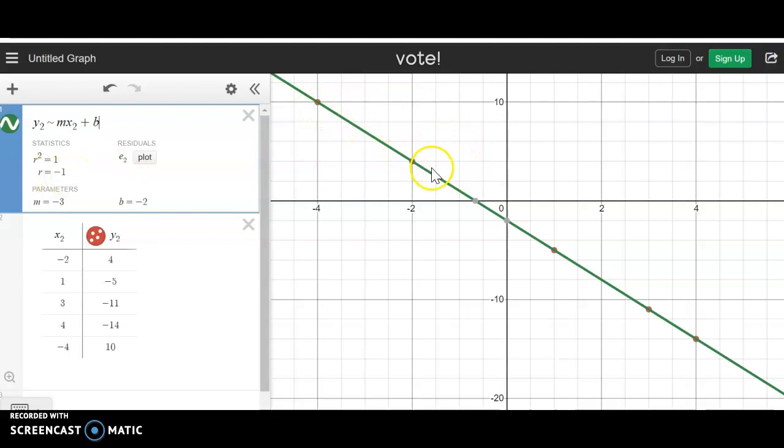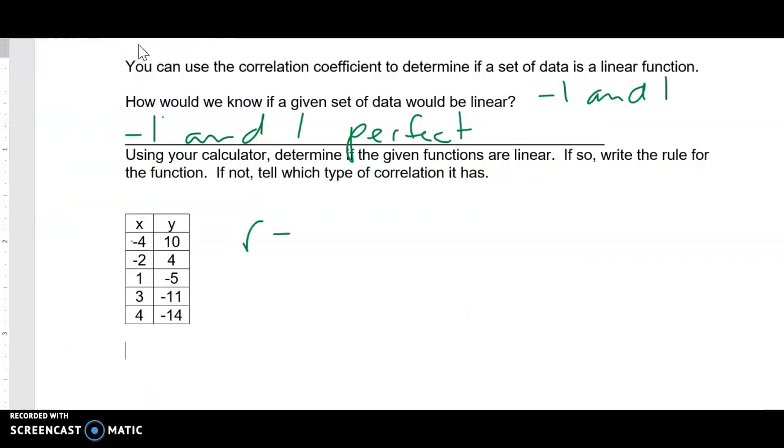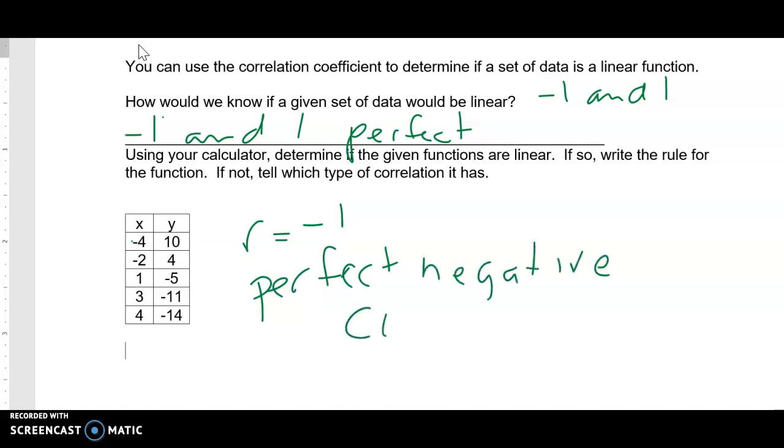And if you notice, this would be known as a perfect negative correlation. On here, I would say R equals -1, perfect negative correlation.